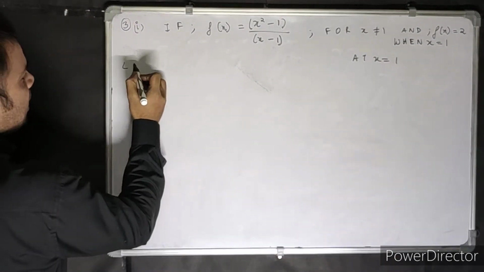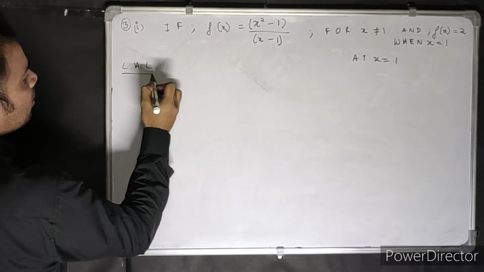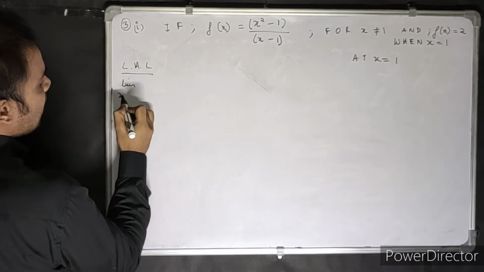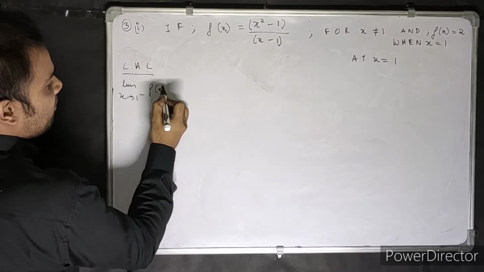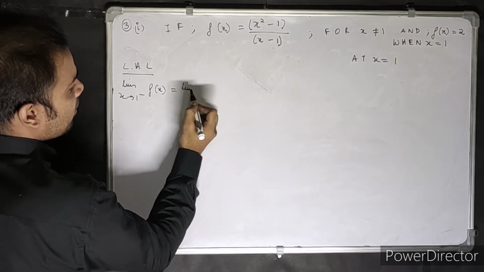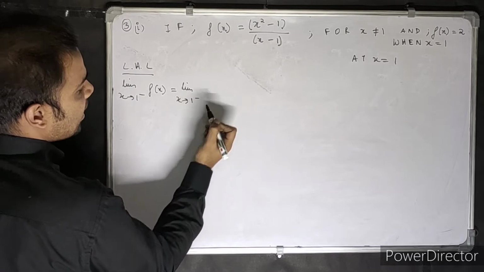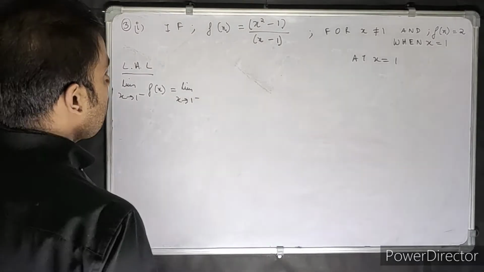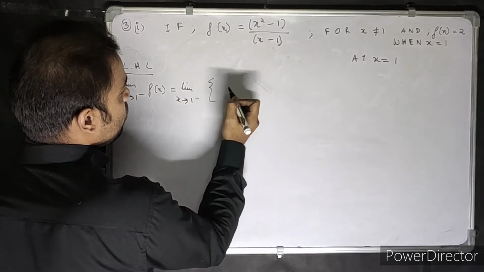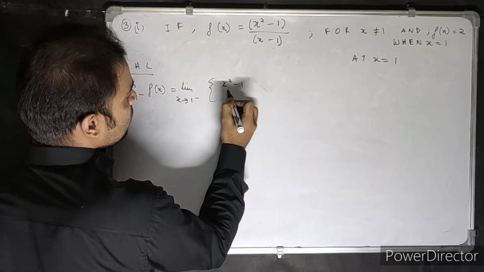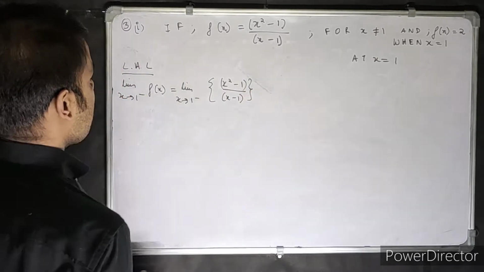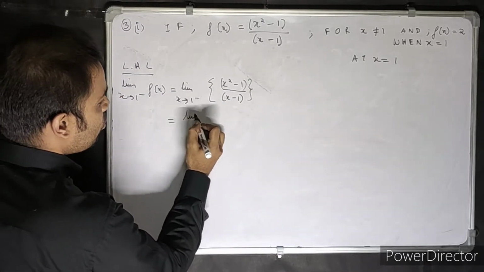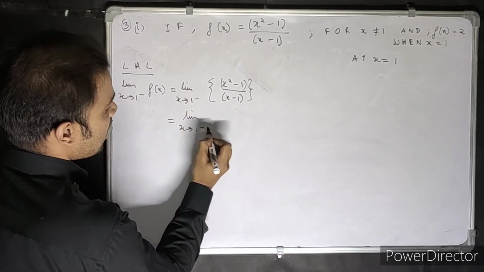So let's start. LHL, left hand limit, is what? Limit of x tends to 1 negative, f of x is equal to limit of x tends to 1 negative. Take that, write it x square minus 1 by x minus 1. You cannot put 1 now. So after this, what do you have to do? Limit of x tends to 1 negative.